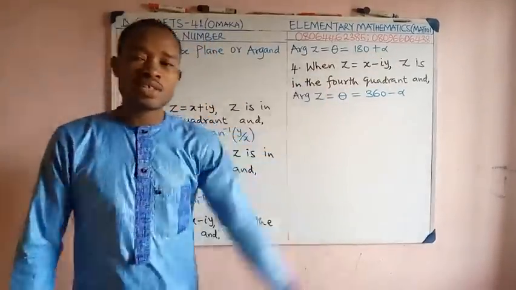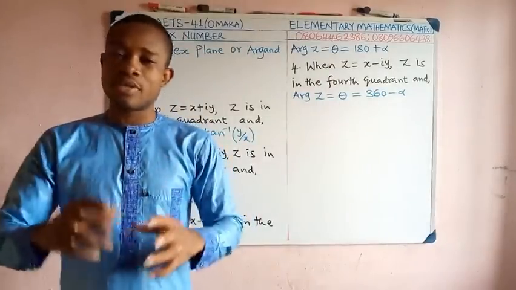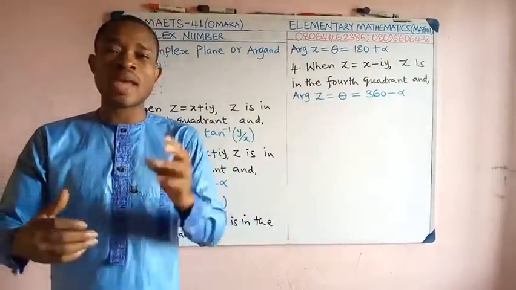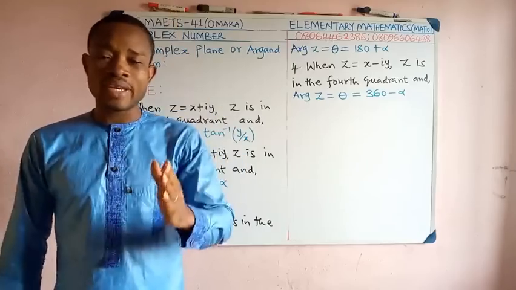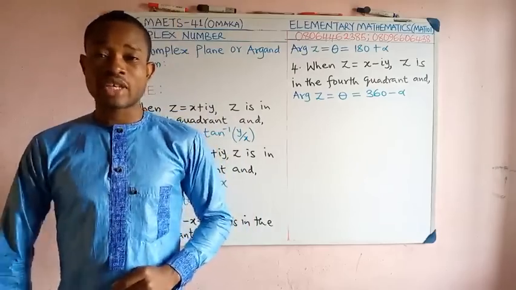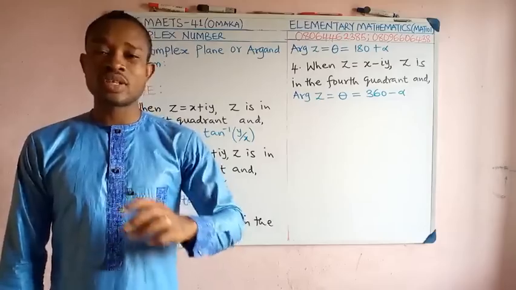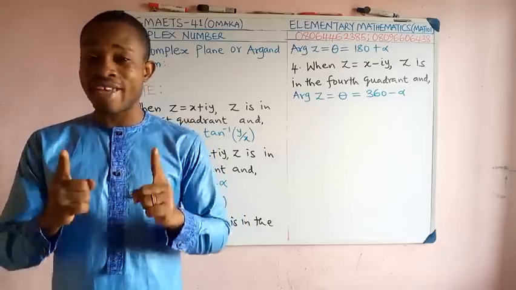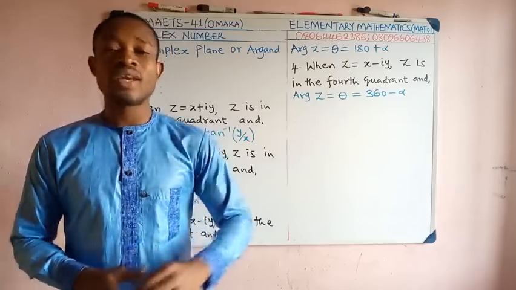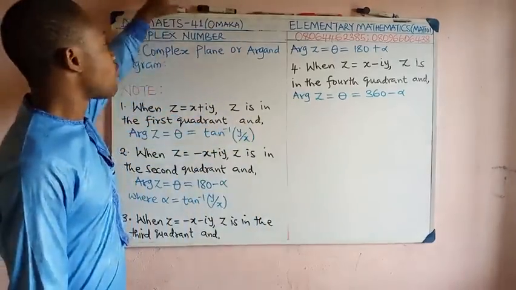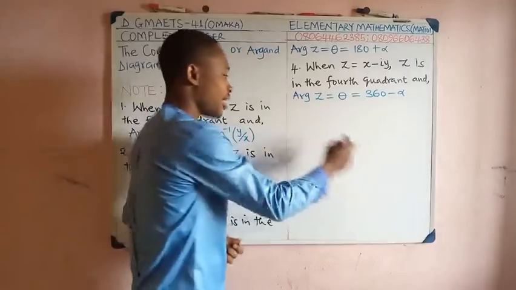Then, in the last case, the location of the complex number is in the fourth quadrant. That happens when x is positive and y is negative. In such a case, simply do 360 degrees minus alpha, where again, alpha is equal to tan inverse of y over x.